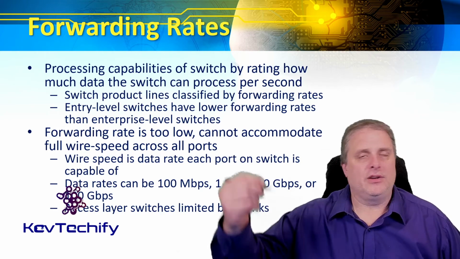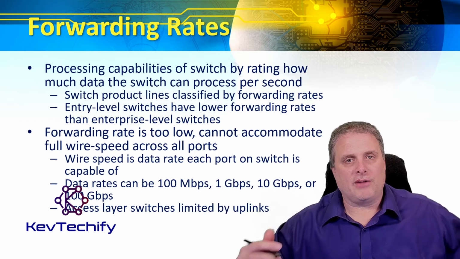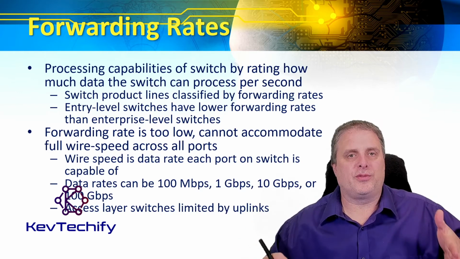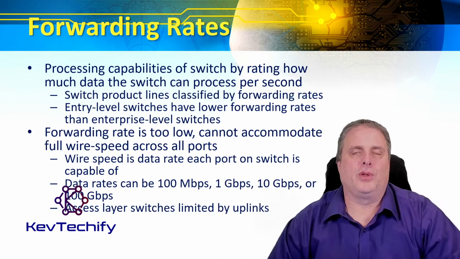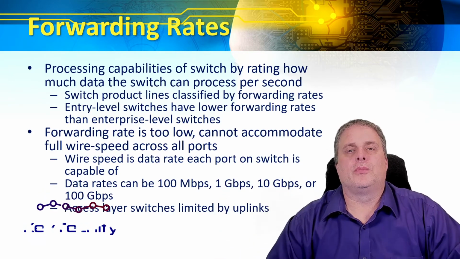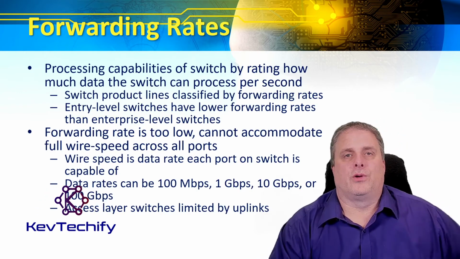Even if you EtherChannel those 10 gigs together, you're going to have 40 gig upload, but 48 gigs worth of information coming in on those ports. So you're going to be limited by your uplink ports. You always need to pay attention to your uplink ports while you're looking at your forwarding rates.